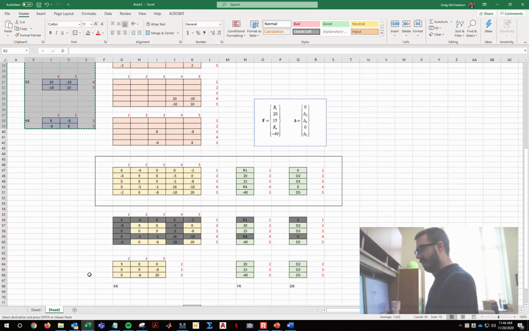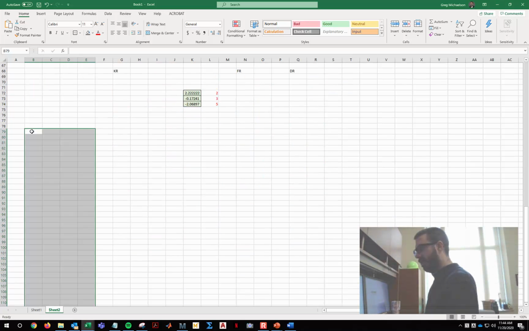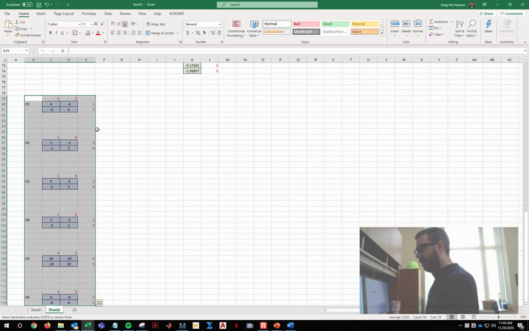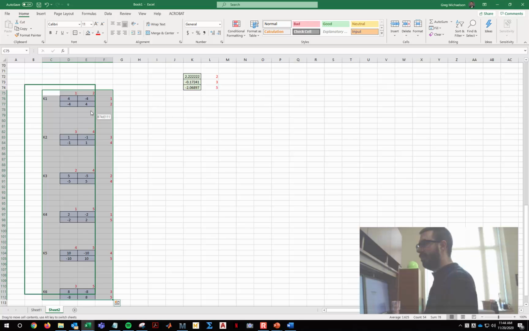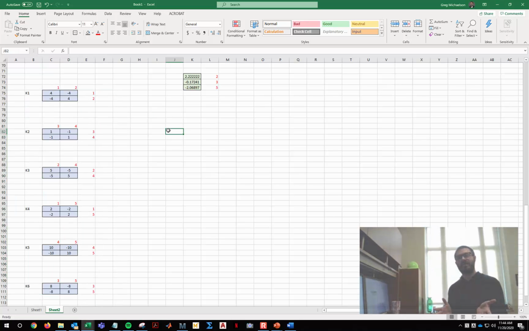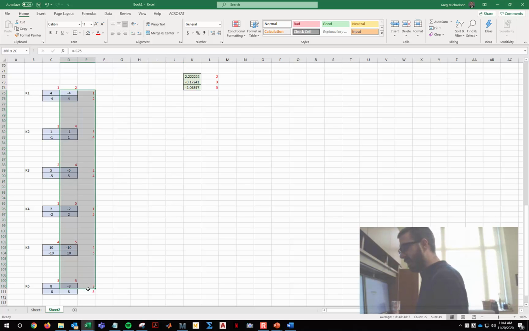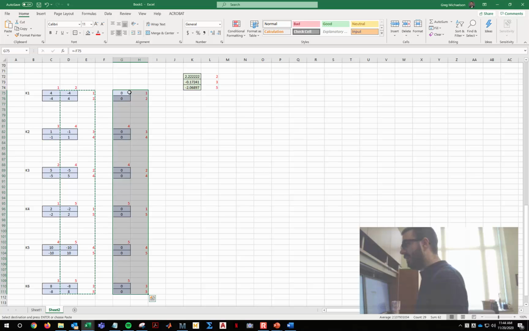Okay, so I'm lazy. I'm going to copy and paste all this down here. Move that up a little bit. So here are my stiffness matrices from before, and I'd already got that figured out in Excel. So now what I need to do is I basically need to have a set of displacement vectors.